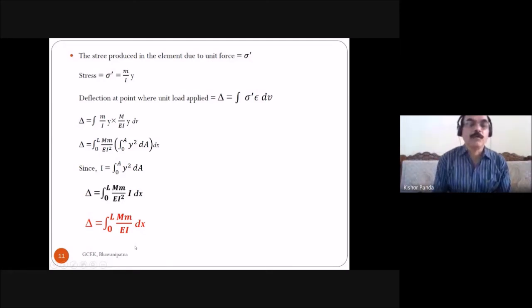If you want to find the deflection at a point in a beam or in a frame, you can use this formula. Capital M is the bending moment due to the external applied force, and small m is the bending moment due to the unit force. E is the modulus of elasticity and I is the moment of inertia. So this is the formula.